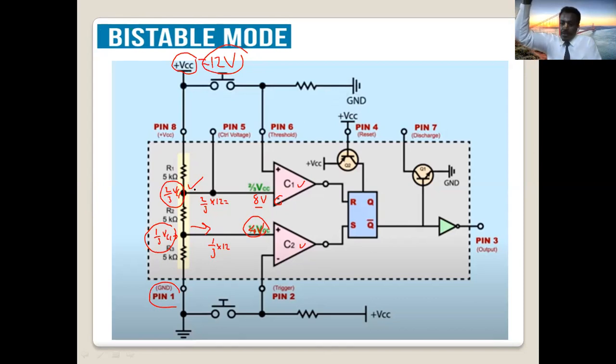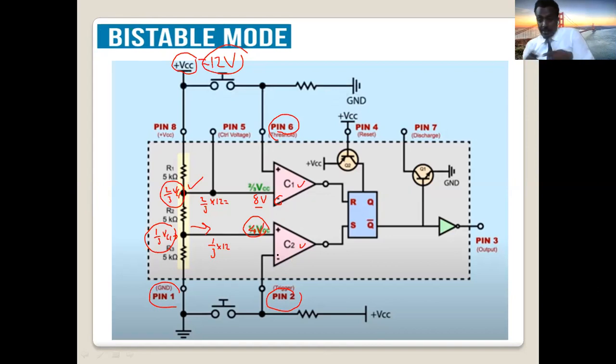Whatever battery you apply, they divide it: 2/3 given to the first comparator, 1/3 given to the second comparator. Now let's see comparator C1 and C2. What is the positive input? Pin number 6 for comparator C1. For comparator C2, pin 2 is the negative input.